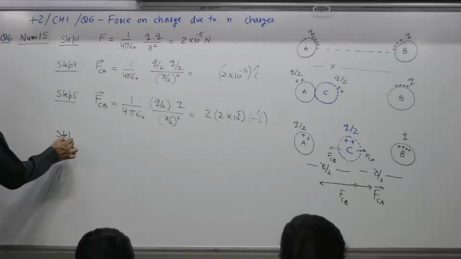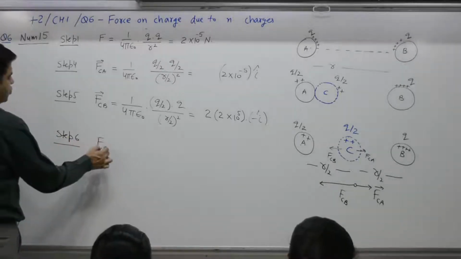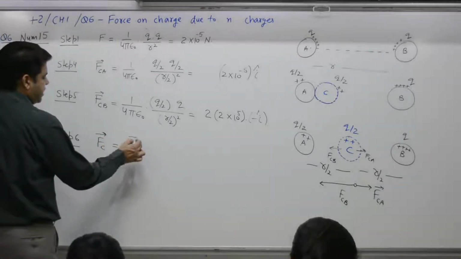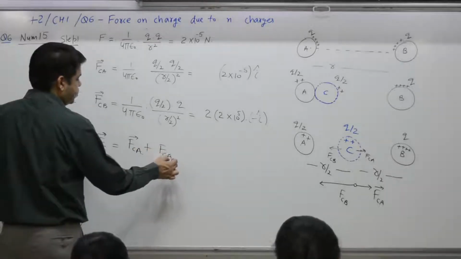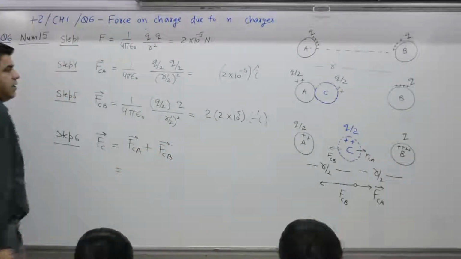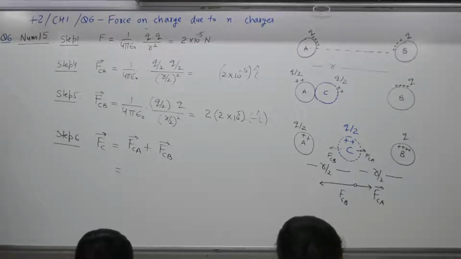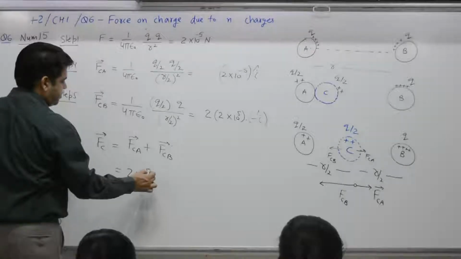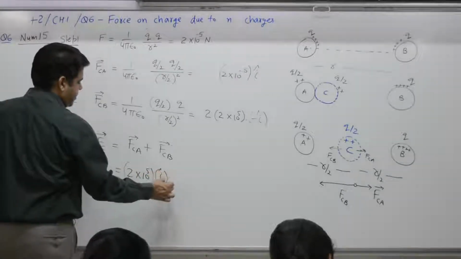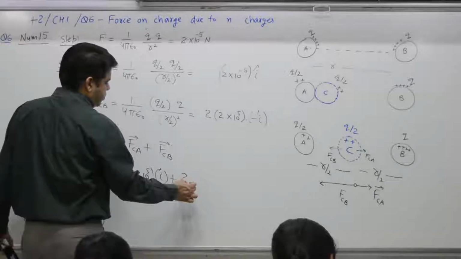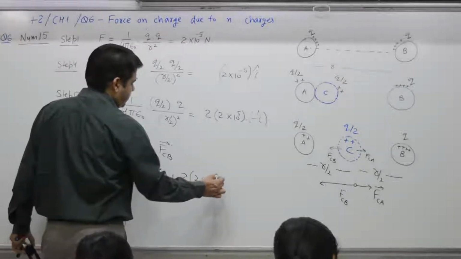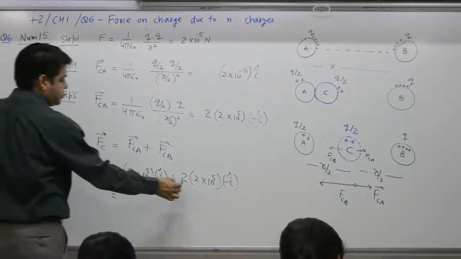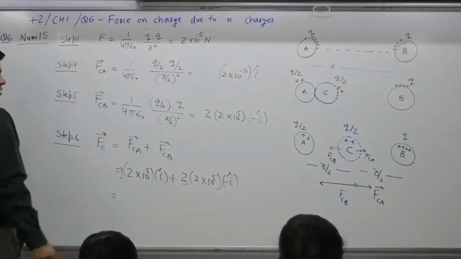Step 6. The resultant force on C is the force on C due to A plus the force on C due to B. First one is how much? CA, yes, 2 into 10 to the power 5 i. Second is how much? 2 into 2 into 10 to the power 5 minus i. This is 1, this is 2. The result is what?